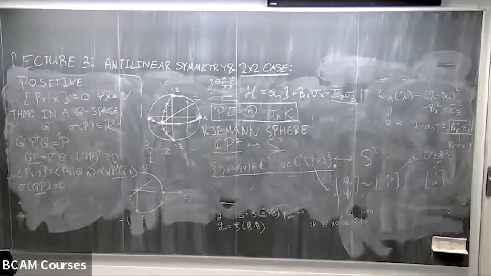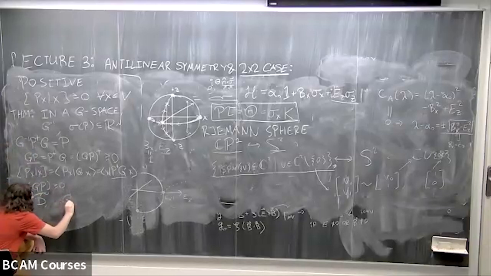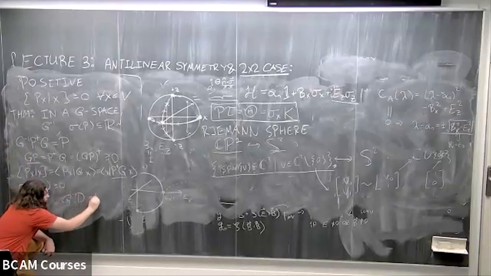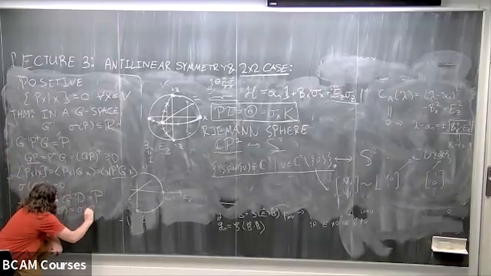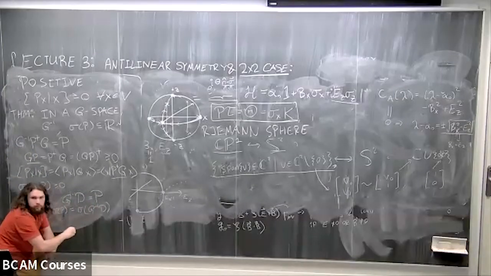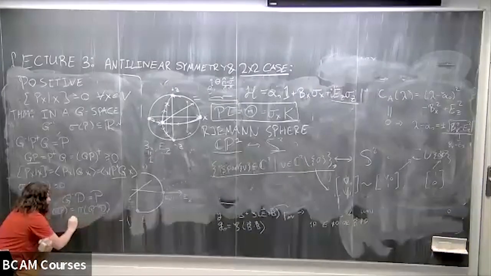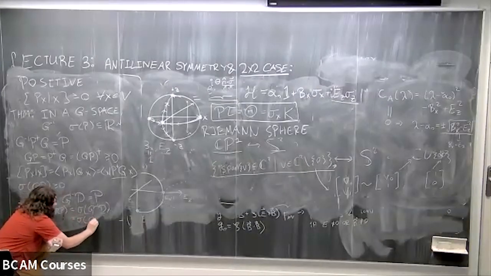And then the trick is to go backwards, to go from GP to P. So I give this thing a name. In the book I was reading, it was called D. And then there's some relation, G inverse D equals D. Therefore the spectrum of P is the spectrum of G inverse D. And because D is positive, it has a positive square root.